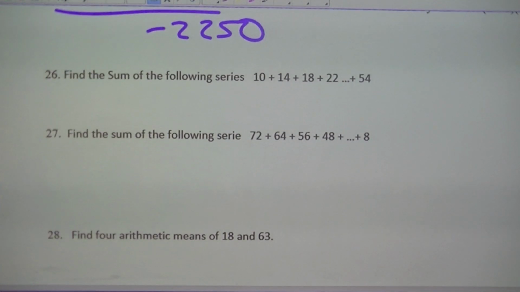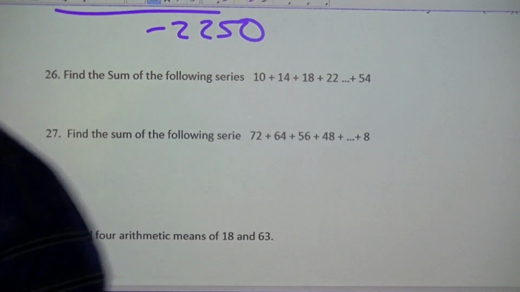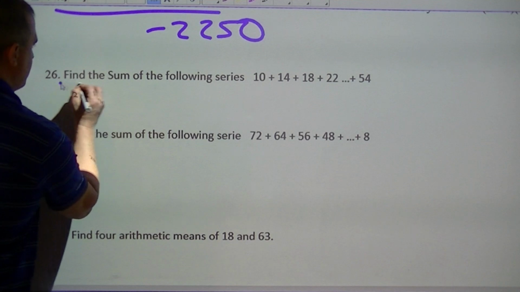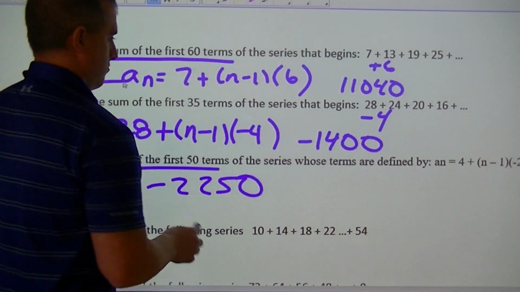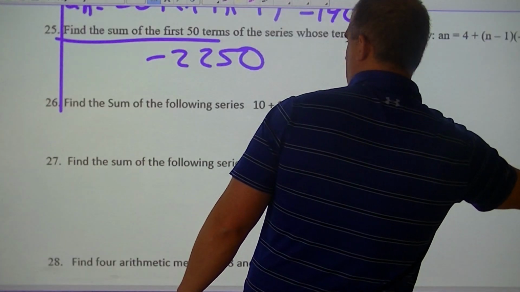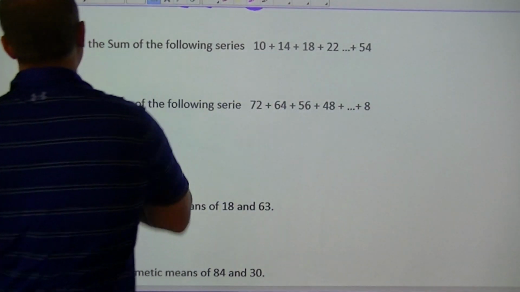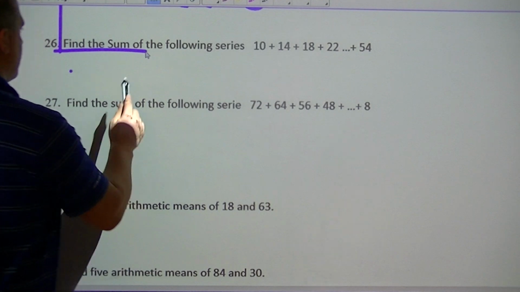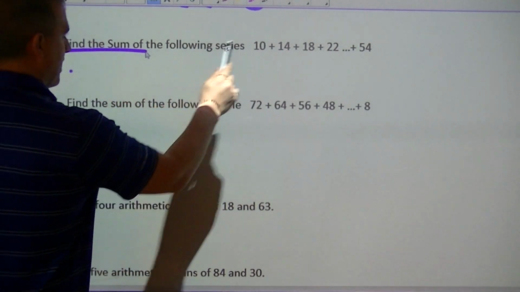These two are the most challenging problems of this whole sample test. Now, we need to find the sum. The problem is, when I go to the sigma thing, I would make my formula.